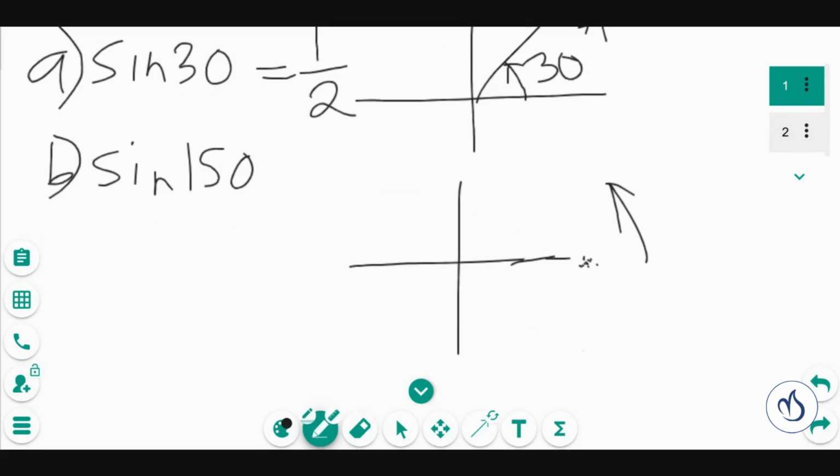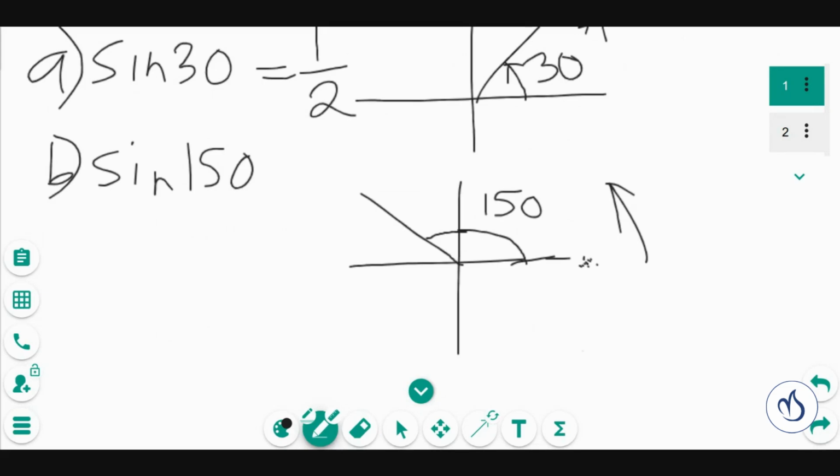150 degrees is beyond the first quadrant, because from here up to here is 90. Okay, so I need 60 more to make it 150. So I would continue measuring until I measure 150 degrees. So this is 150 degrees.